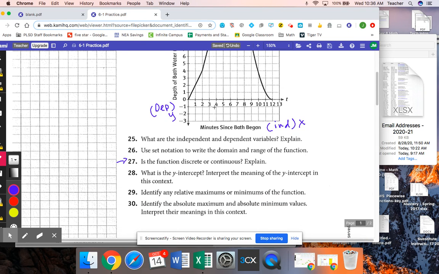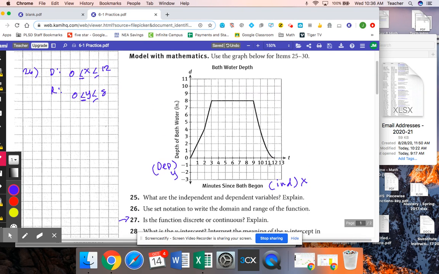What is the y-intercept, and what's the meaning of the y-intercept? The y-intercept is where this function crosses the y-axis. This is where it crosses the y-axis. The y-intercept for number 28 is 0. Now we can express that as the point (0, 0) if we wanted to. It crosses the y-axis at y equals 0. What does that mean?